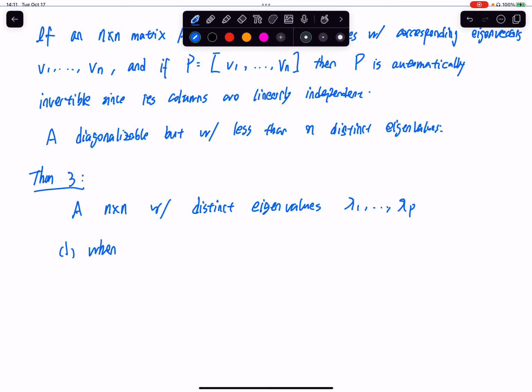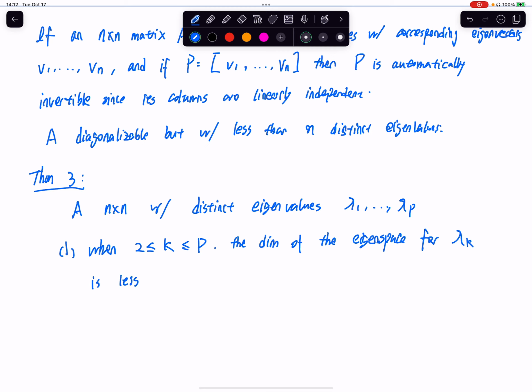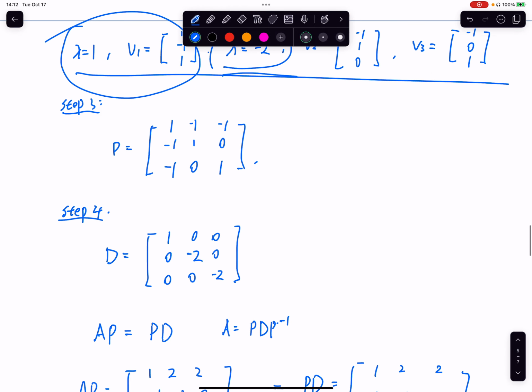So when k is between 1 and p, the dimension of the eigenspace of A for lambda k is less than or equal to the multiplicity of the eigenvalue lambda k. So we see that in the construction of this D.